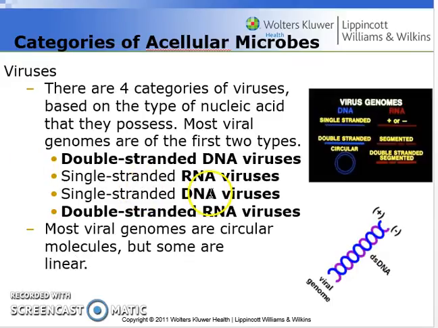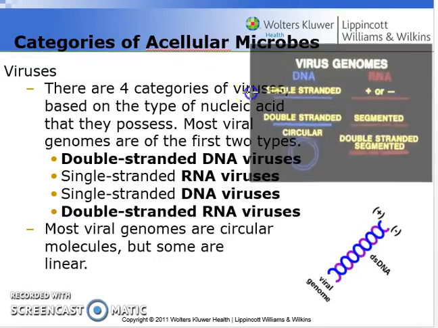And then you have the single strands: you can have a single-stranded RNA virus or a single-stranded DNA virus. The genomes of these viruses are typically in circular formation, but many of them are also in linear structure.